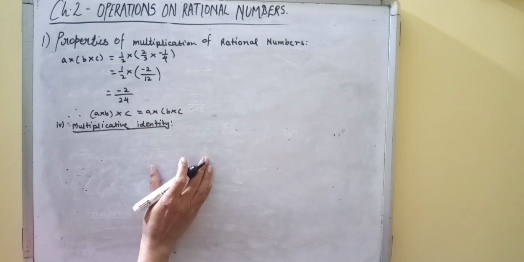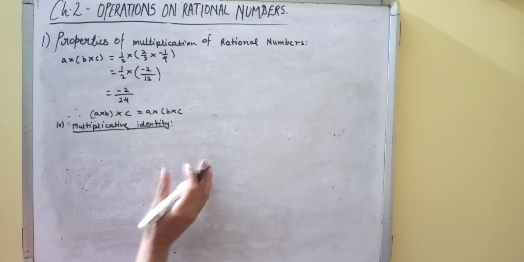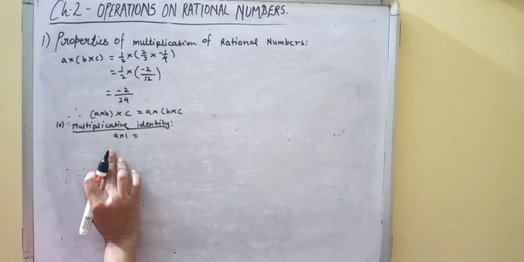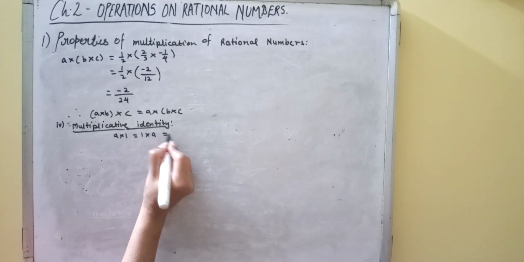The product of any rational number with 1 is the rational number itself. This is the multiplicative identity. That is, if A is any rational number, then A into 1 equals 1 into A equals A.